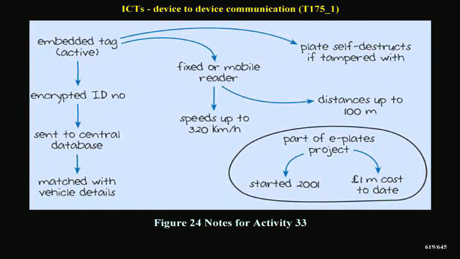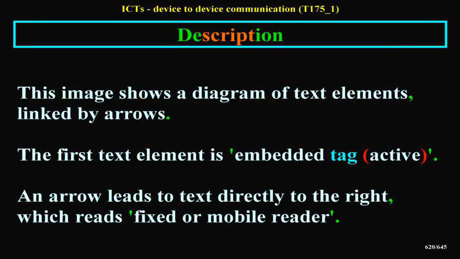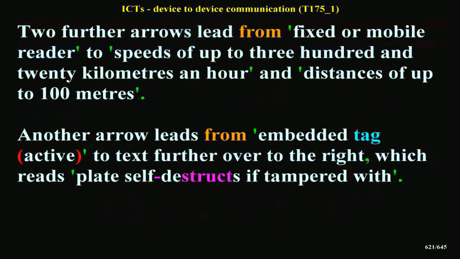Figure 24, notes for Activity 33. Description: this image shows a diagram of text elements, linked by arrows. The first text element is embedded tag, active. An arrow leads to text directly to the right, which reads fixed or mobile reader. Two further arrows lead from fixed or mobile reader to speeds of up to 320 km an hour and distances of up to 100 meters. Another arrow leads from embedded tag, active, to text further over to the right, which reads plate self-destructs if tampered with.